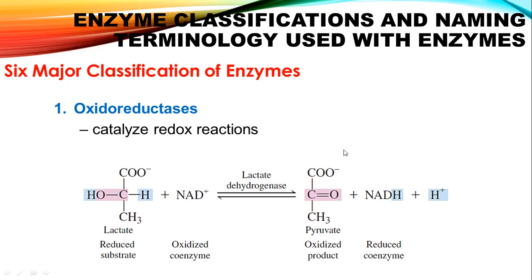So if this one is oxidized, then you could expect that the other one, let's say NAD plus, is reduced, accepting electrons. Here you will have your NADH. So this kind of enzyme is called oxidoreductase. There's an oxidation and a reduction, and you will notice that enzymes end with -ase.